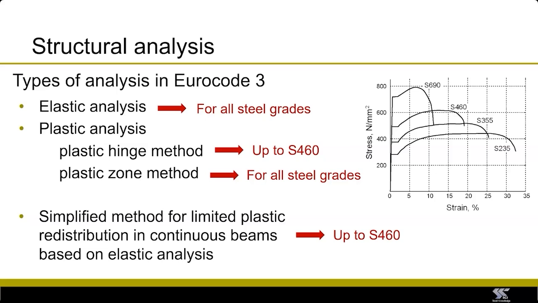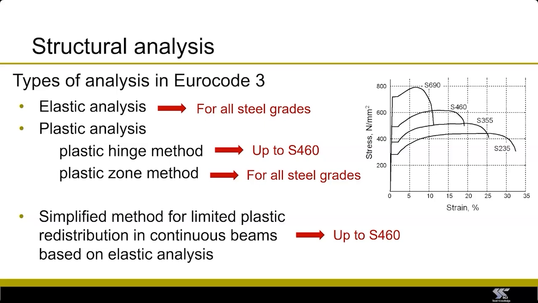This type of analysis allows for some limited amount of stress redistribution, but not to the same extent as with the plastic hinge analysis. Now, you should be aware that nonlinear plastic analysis is not used very often in practice because of its complexity, which means that if you want to carry out this type of analysis, you will most likely need to use finite element software.